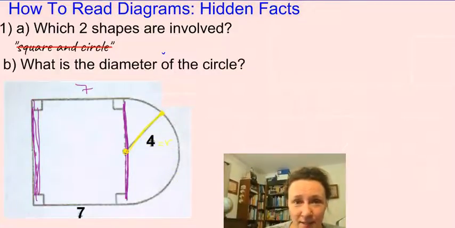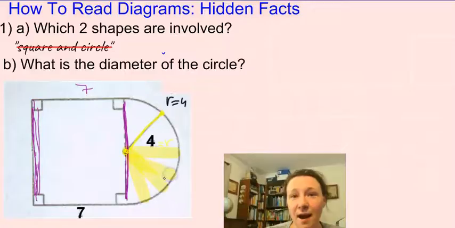I'm going to write this fact down, and I'm going to recall that what this means is that I have this also as a radius that equals 4, and this is also 4. In fact, there will be unlimited number of radii that I could draw on this diagram.